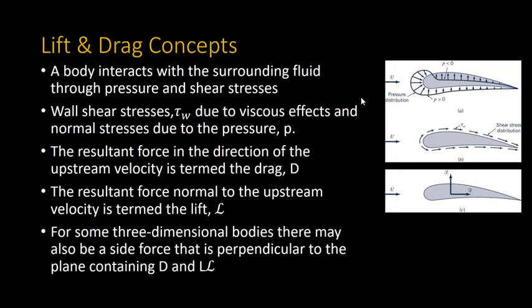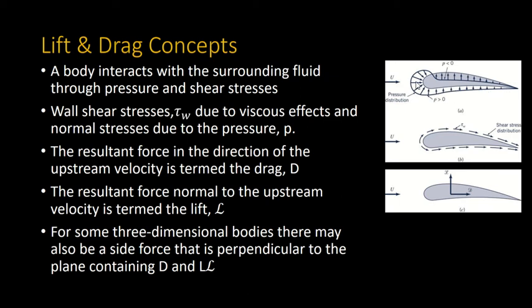As you can see in this figure, this is an airfoil. In this region, in the lower part of this airfoil, the pressure is relatively high, higher than 0. In this region we call it the pressure side.